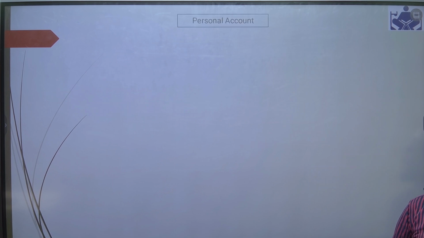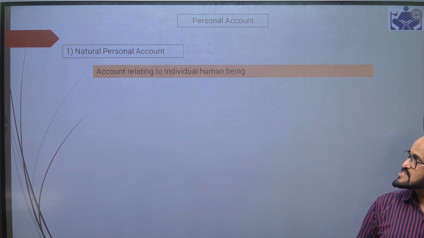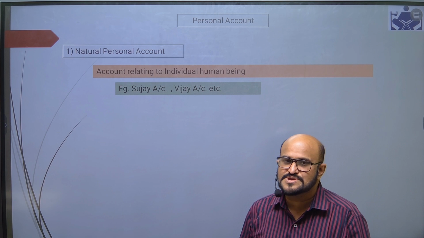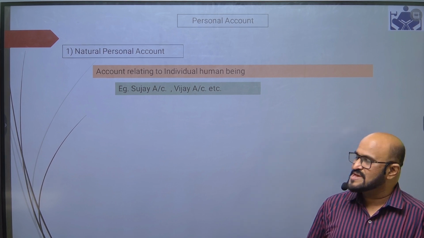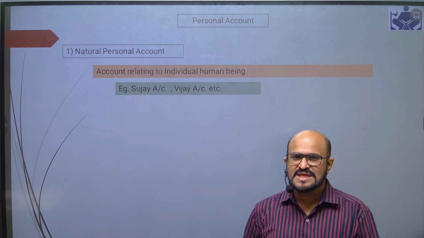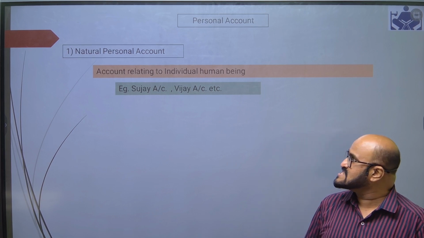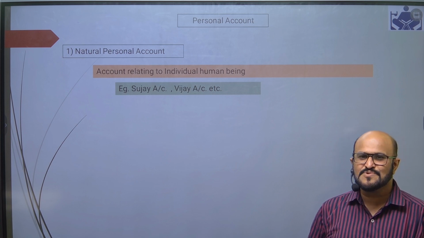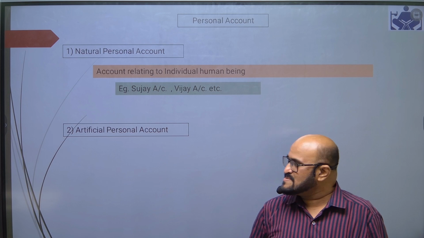Now first one, as I have told you, personal account. It is an account related to any particular individual. So here in personal account we have the detail of all individuals, where the first one is natural person, which is nothing but a human being like you and me, whose account we are going to have. We can see examples like Sujay, Vijay, etc. You can also have your own account here. Now second one is artificial personal account.